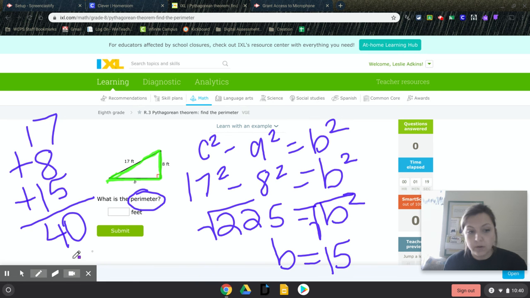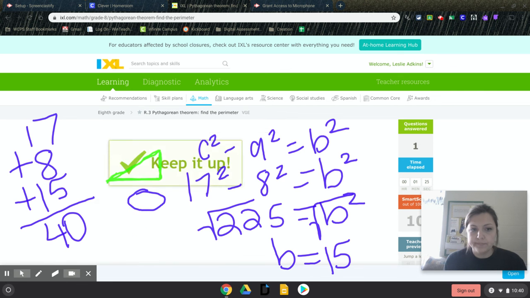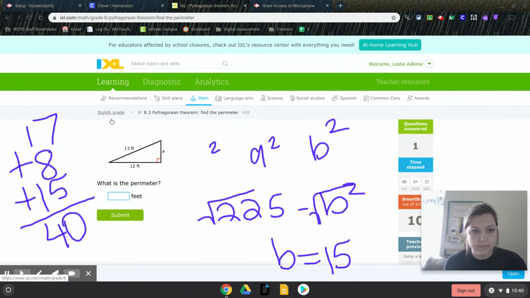So the perimeter, or the distance around this triangle, is 40. Just be aware of which one you're solving for, whether you're solving for a leg or for the hypotenuse.